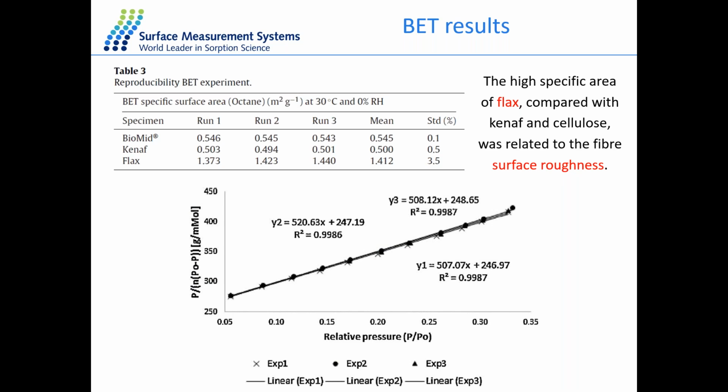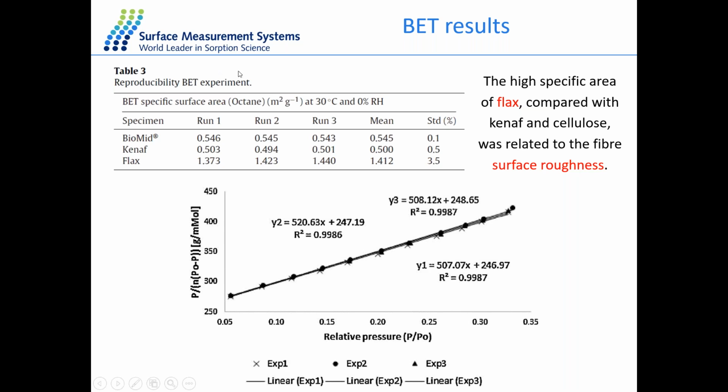Then we did the IGC measurement to measure the BET surface area of all three fibers. For each column, we repeated it 3 times, and here is the average value for the 3 different runs. The standard deviation for all the samples is below 5% relative standard deviation, which is quite good reproducibility for the IGC result from experiment to experiment.